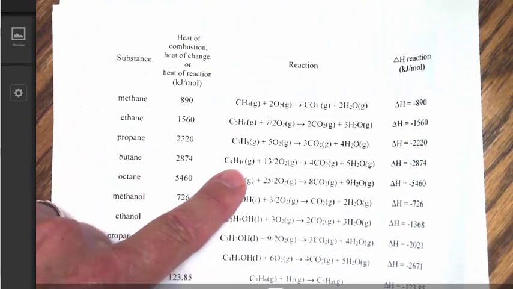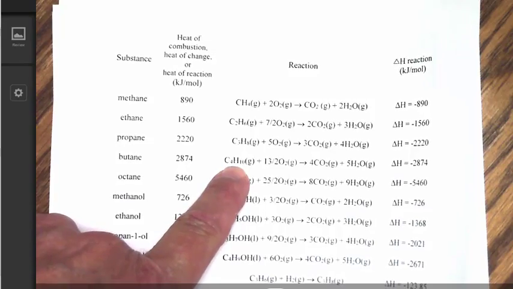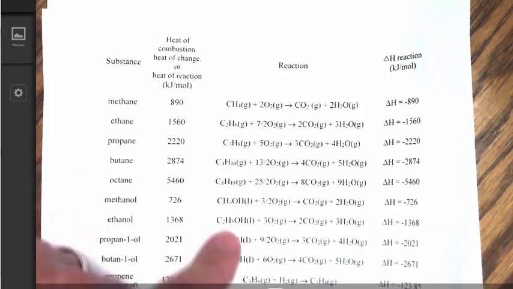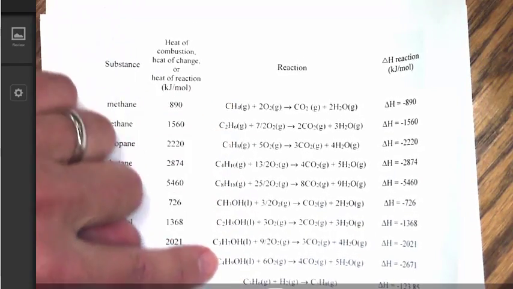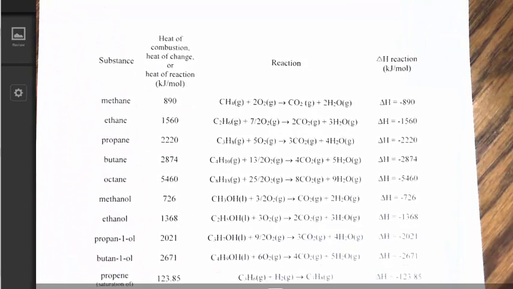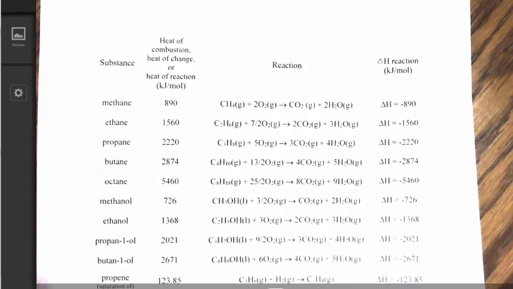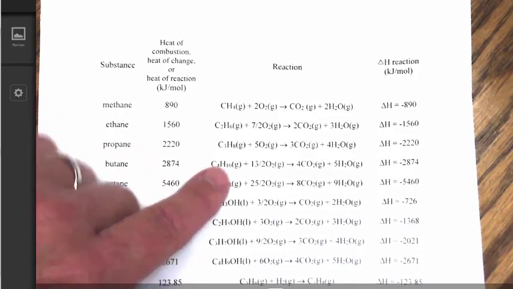One way to approach this is to start out by putting your starting amount over 1. So let's just say we start with the 50.0 grams of butane. I could write the word butane, but we also could write the formula. This is the formula for butane. It's always the first chemical formula in these combustion equations. It's not always the first formula in every equation, but in a chart like this, that's what we're talking about.